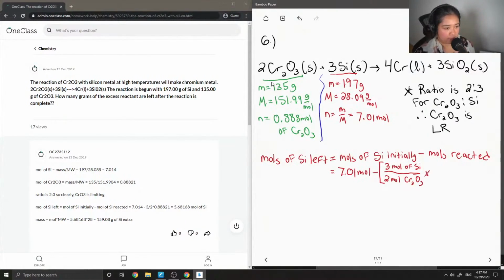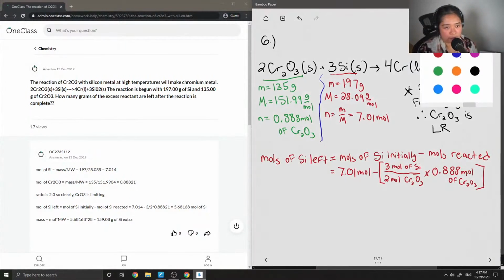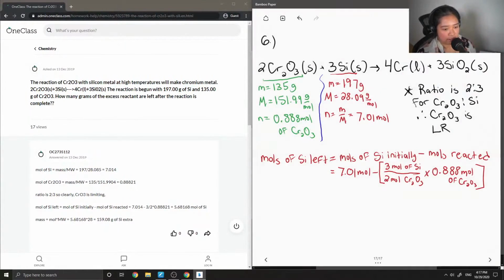And then this is going to be multiplied by however many moles of the Cr2O3 there was, which was the 0.888. So whatever you're looking for, like in our case it's the silica, it's going to be on top, and the one that you want to cancel out is at the bottom.